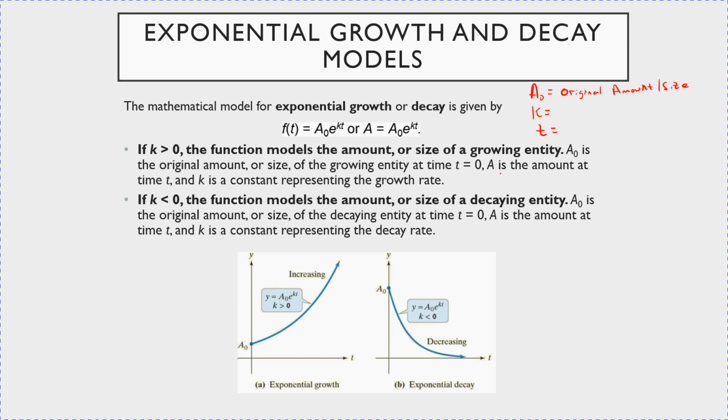And A is the amount you have at time t. So t is some variable for time, and time can be measured in years, seconds, or minutes. It just depends on the problem. And k is a constant representing the growth rate.